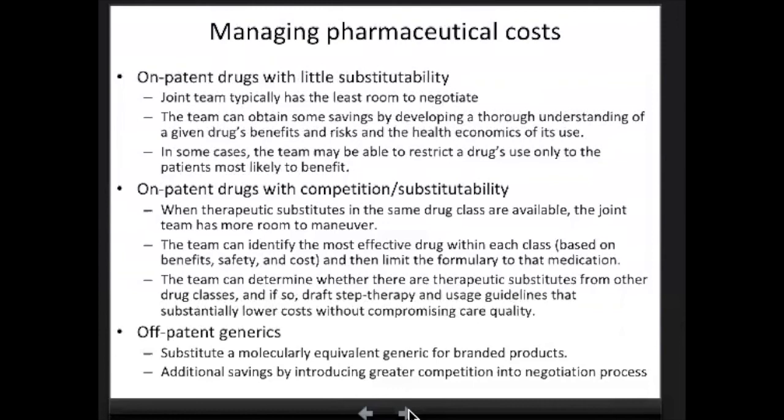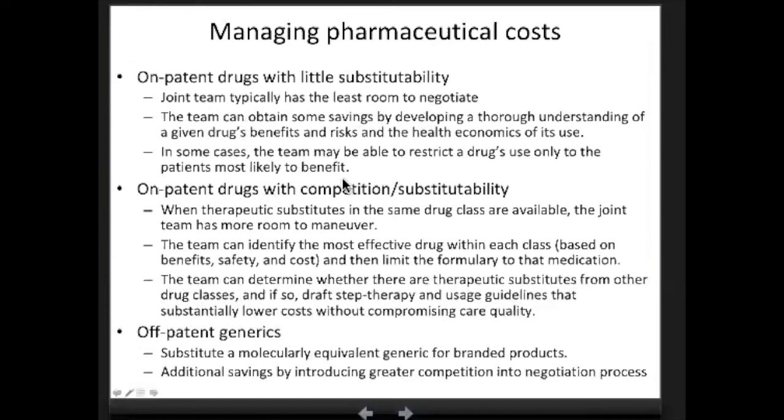Depending on the type of drugs, you will have different strategies that needs to be put in place. In all these cases, you do need a joint team, because ultimately the drugs are going to be used for patient care, and the clinical contribution in that sourcing decision is very important. So joint team will involve clinicians, but also sourcing professionals.